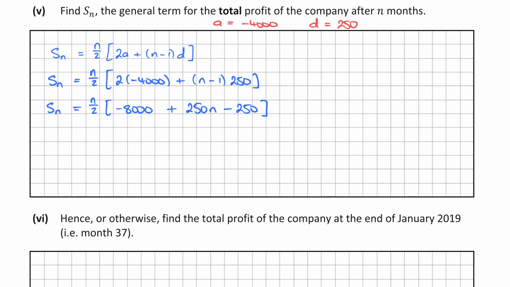Okay, so S of n will be equal to n over 2 multiplied by minus 8,250 plus 250n.